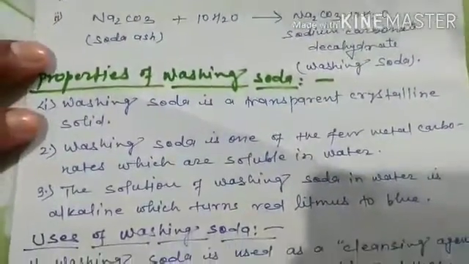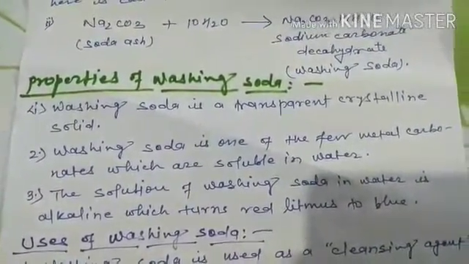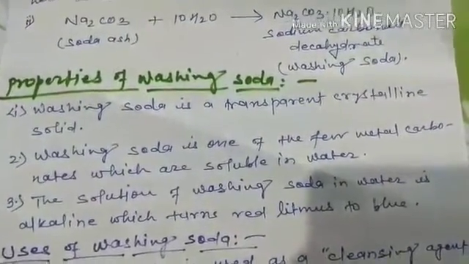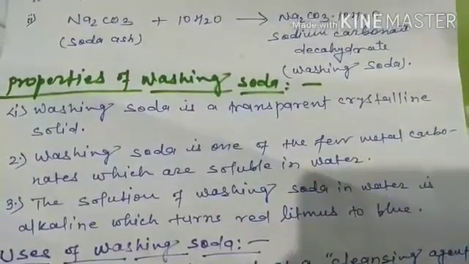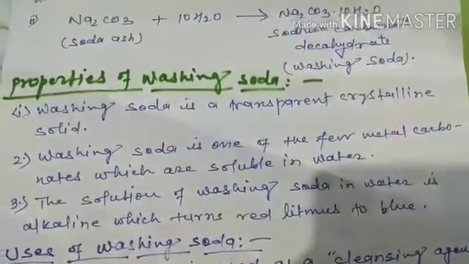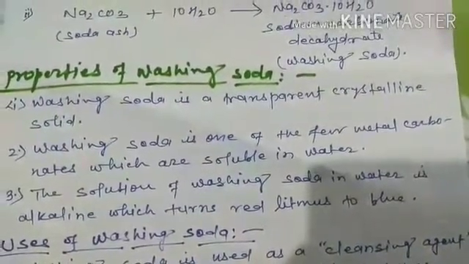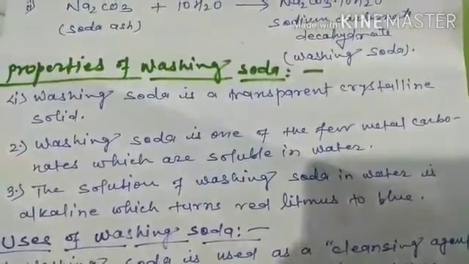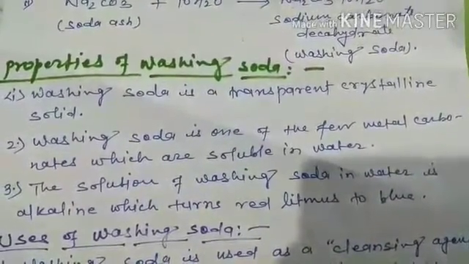So dear students, this is very, very important. You must keep in your mind properties of washing soda. Washing soda is a transparent crystalline solid. Washing soda is one of the few metal carbonates which are soluble in water.